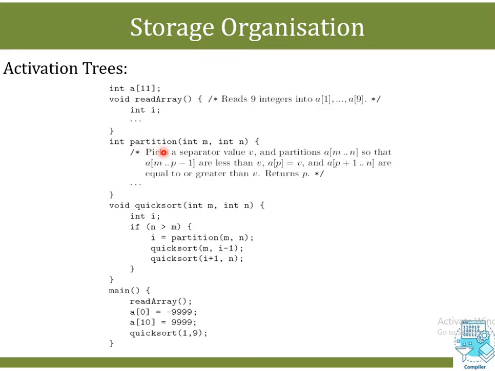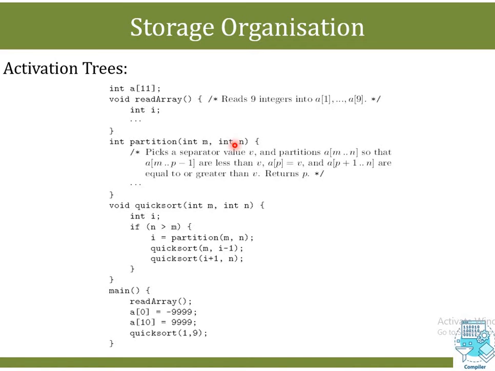So what the partition function does is it just picks a pivot element and places the pivot element in some position. Here m and n are two limits. m is the lower limit and n is the upper limit in that array. Say for example it is placing the pivot element in a position called I, and this I will be between m and n.